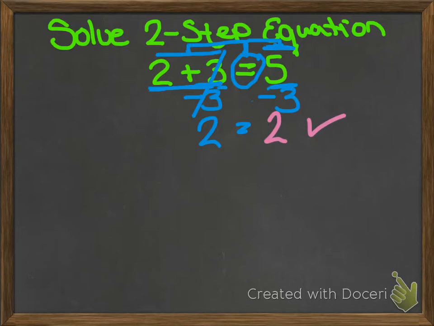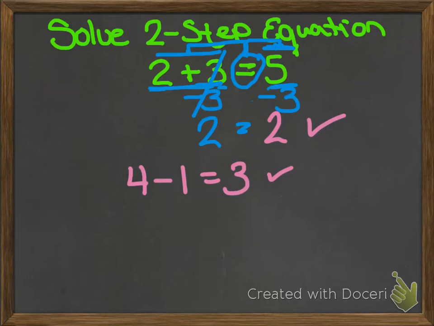Alright, let's look at if we have 4 minus 1 equals 3. Well, that's a true statement. If I have 4 apples, I take away 1, I've got 3.